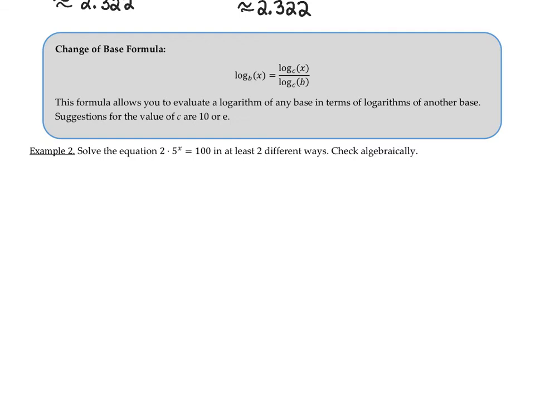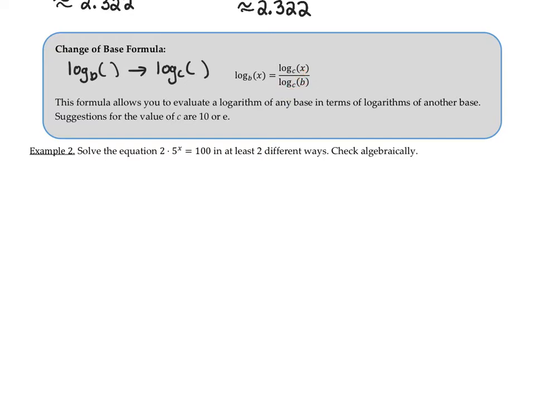So what this change of base formula actually allows us to do is change from a logarithm base b to a logarithm of base c. Now it doesn't quite change it all the way to a log base c. There's some division here that goes on. So notice log base b of x is log base c of x, but then it's divided by log base c of b.